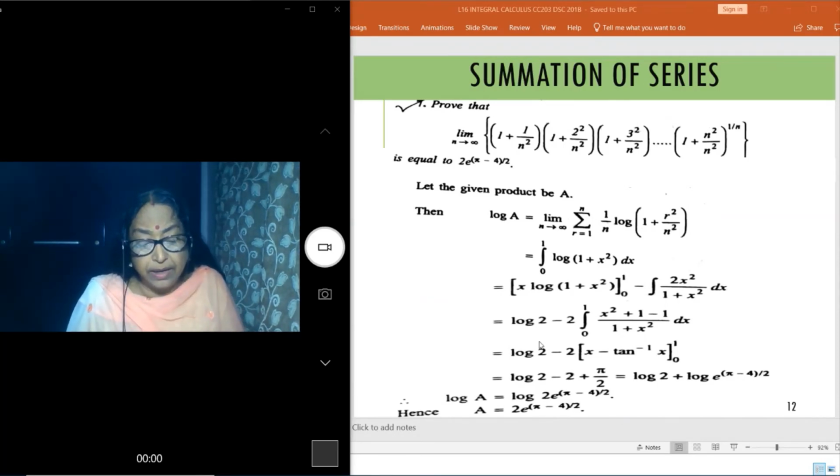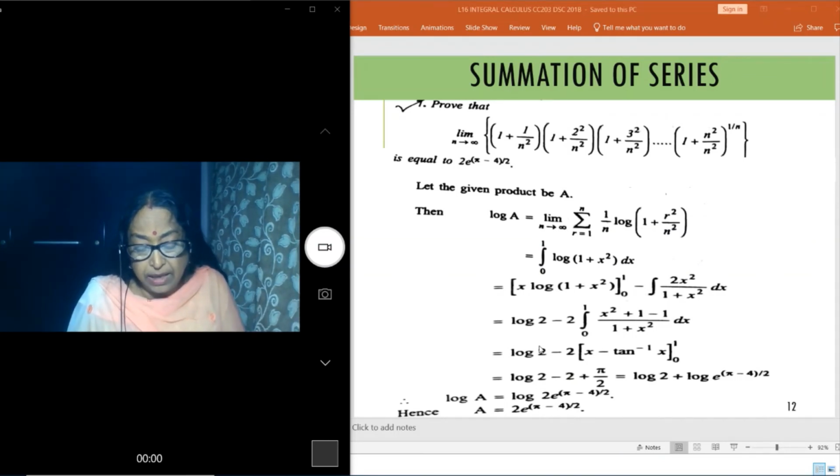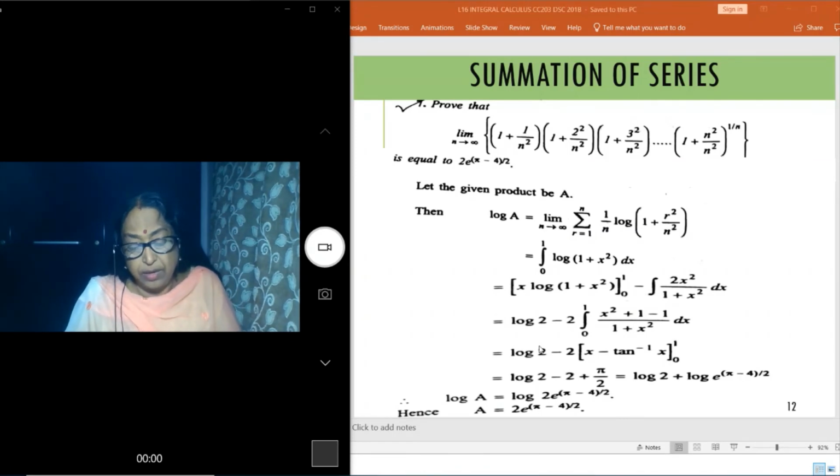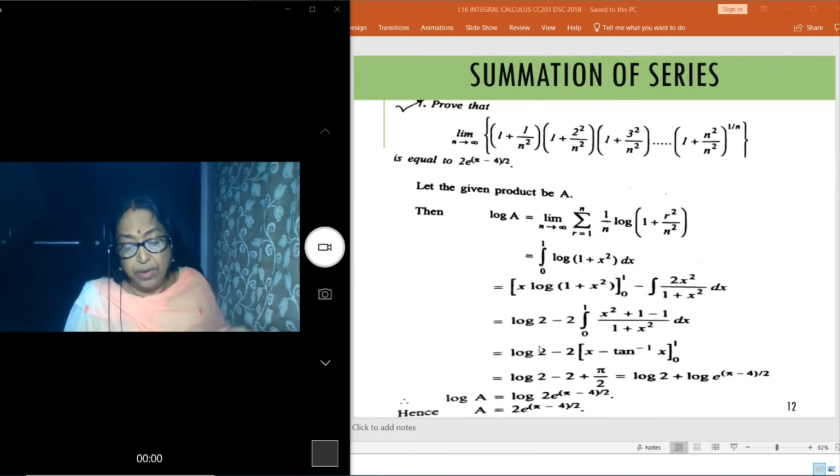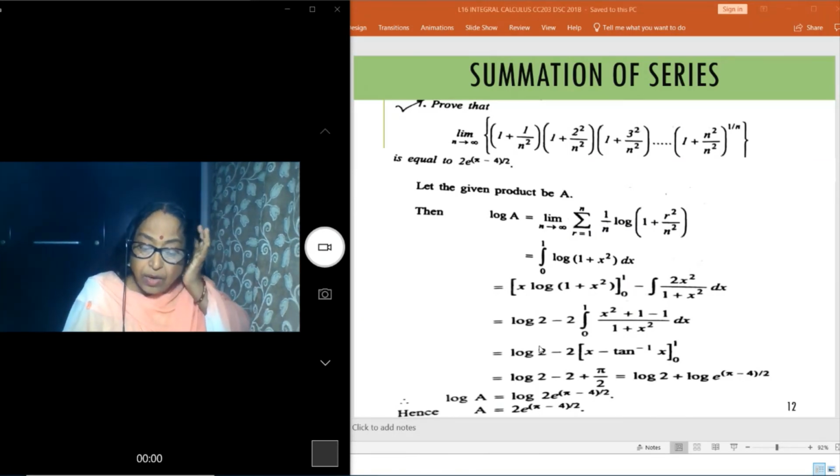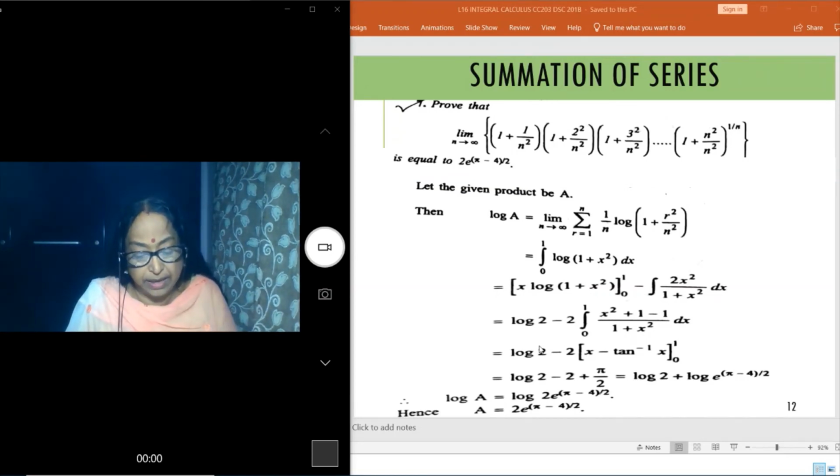On integrating by parts we get the value, and then log a is converted into a by taking the anti-log of the right hand side.